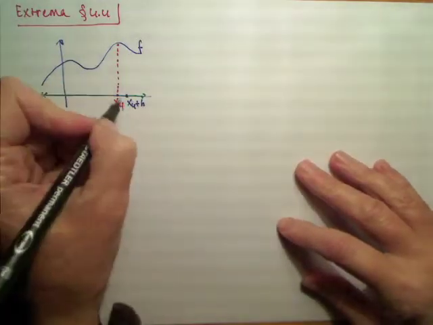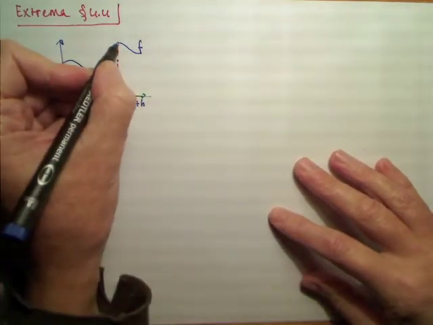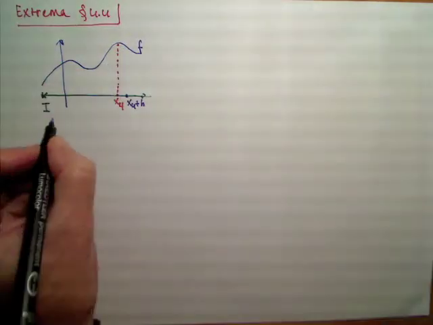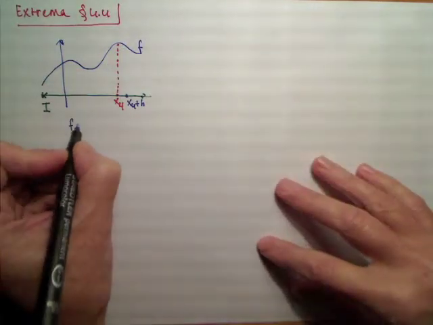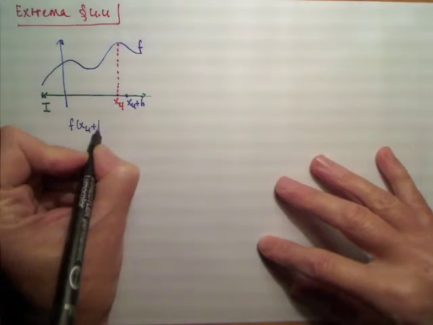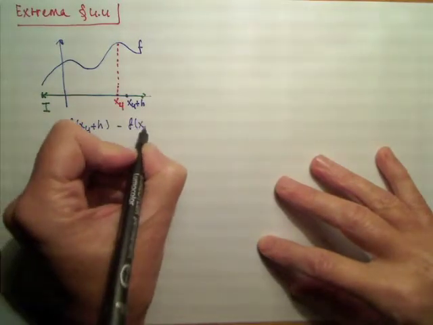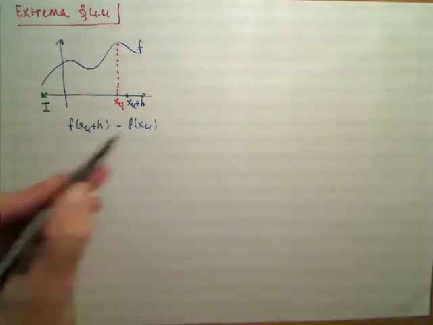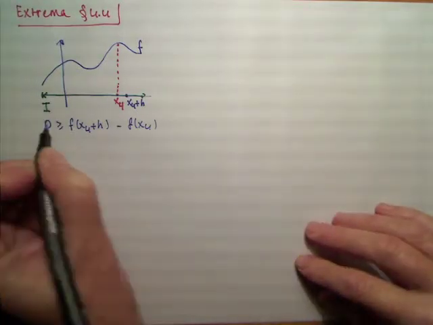Well, since we have a maximum at x4, the value must be lower. So if we look at the difference between the value at x4 plus h and x4, then this one is smaller than that one, so this is less or equal to 0.